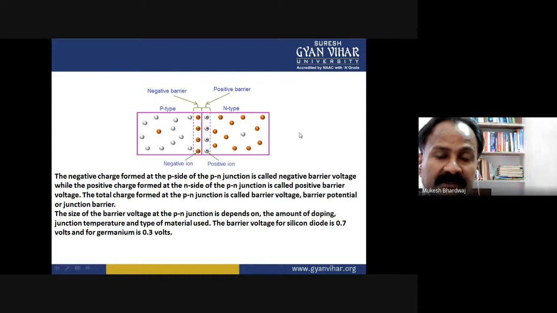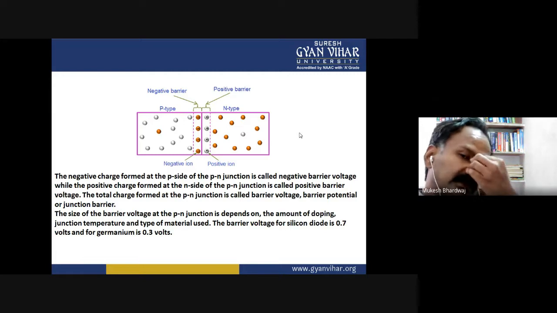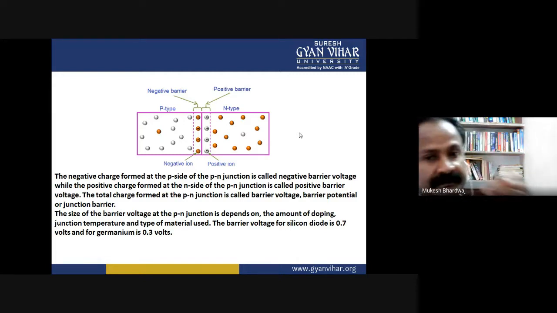Now, by watching the diagram, we see the negative barrier and positive barrier, and this is known as the depletion region. Why is this called the depletion region?